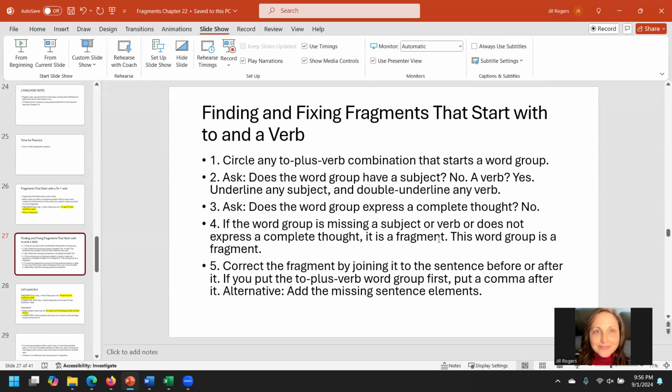So if the word group is missing a subject or verb or does not express a complete thought, it is a fragment. All right, so we have to correct it the same way. Add it to the sentence before or after it, right? If you put the to plus verb word group first, put a comma after it because that's the infinitive introductory clause, okay?